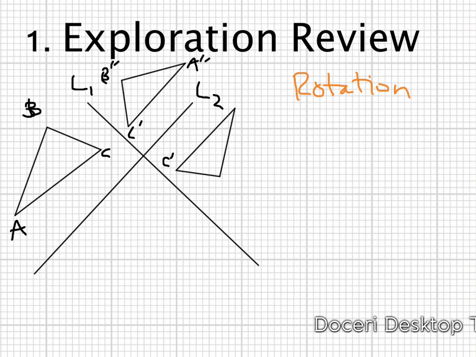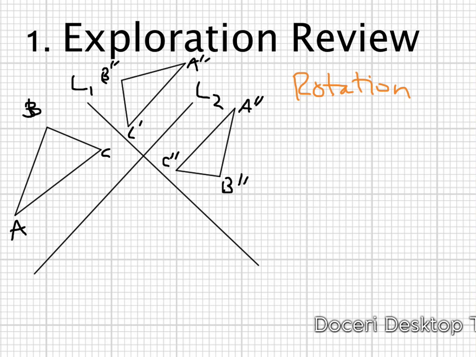And so we get C double prime, A double prime, B double prime. And the only difference from our original pre-image to our double image, our A double prime, B double prime, C double prime, is if you were to take your patty paper and rotate it back, you would get the same image. And so this is what we call a rotation.